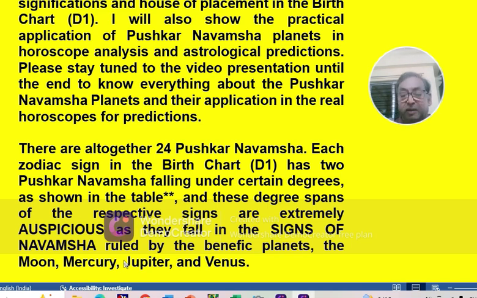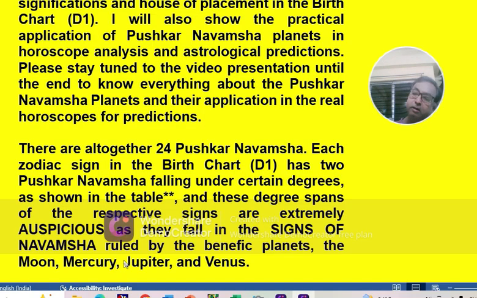Benefic means natural benefic planets, the Moon, Mercury, Jupiter and Venus. These Pushkar Navamsha degrees always correspond to the zodiac signs in Navamsha that are ruled by the natural benefic planets.